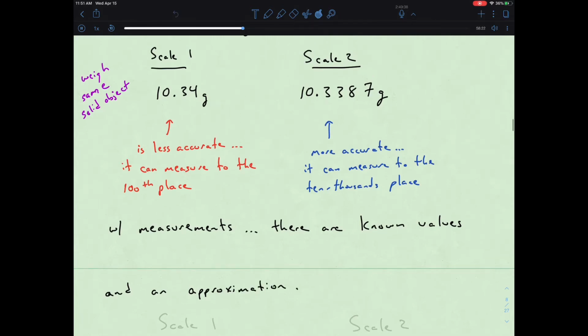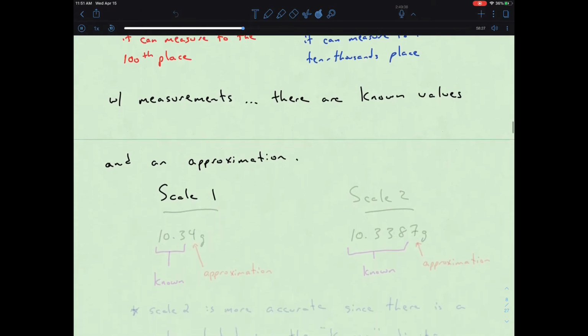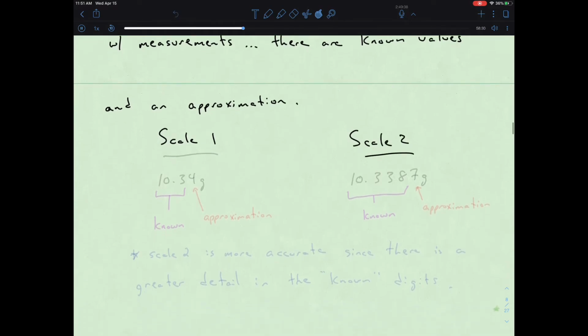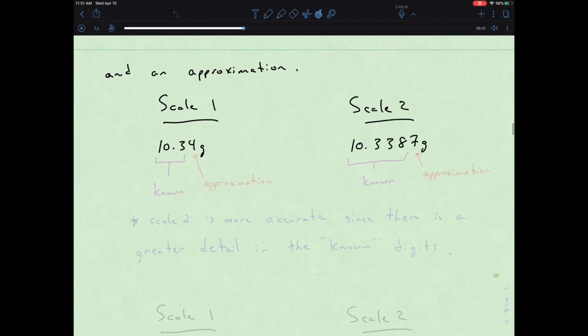If we go back to our examples of scale 1 and scale 2, scale 1 had the 10.34 grams, while scale 2 had the 10.3387 grams. So when we look at these digits, the first three of scale 1 are known, that we actually know that it's 10.3 grams.